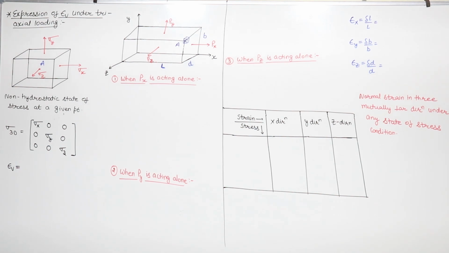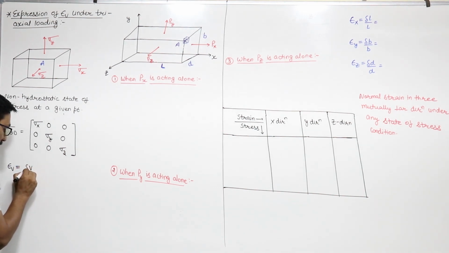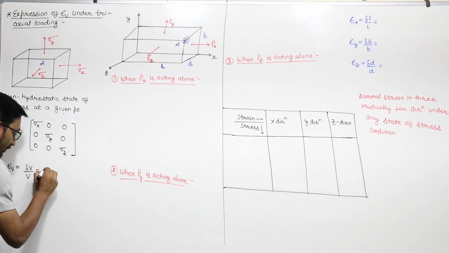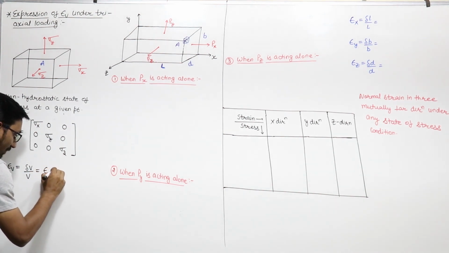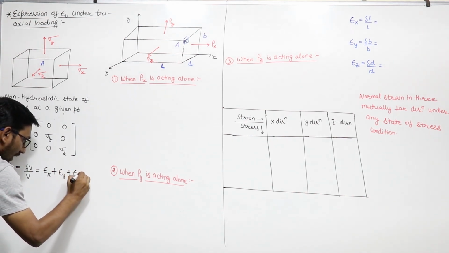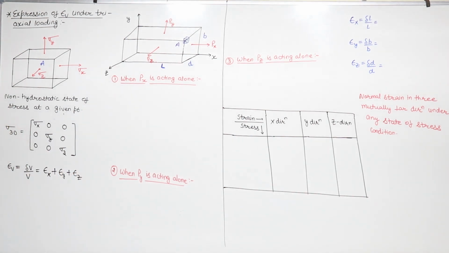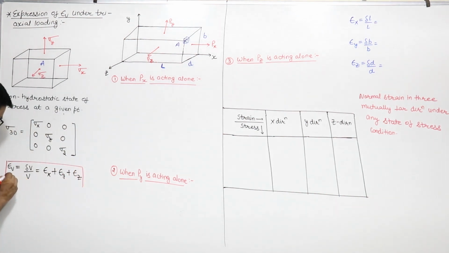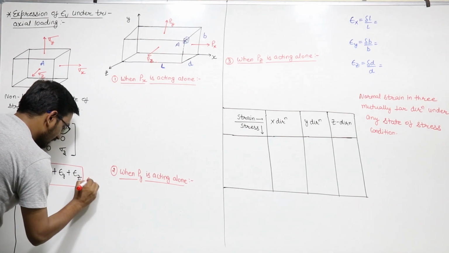And we know from our basic definition of volumetric strain, that volumetric strain is change of volume upon original volume, and that is equal to strain on x-axis plus strain on y-axis plus strain on z-axis.